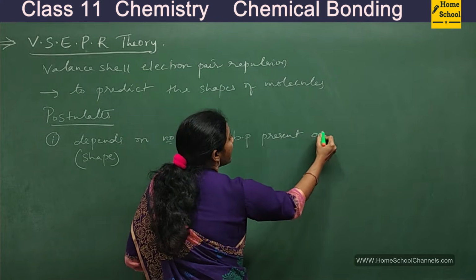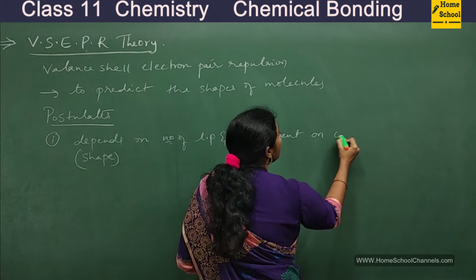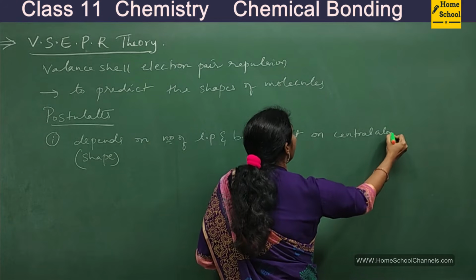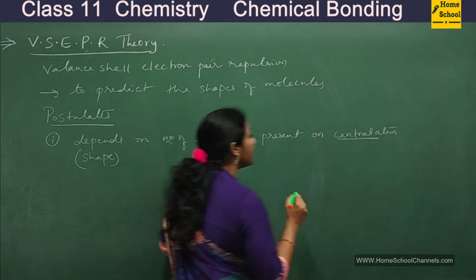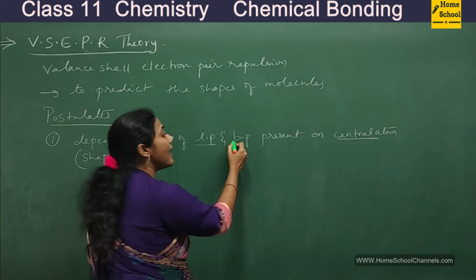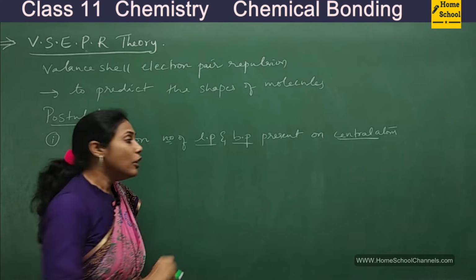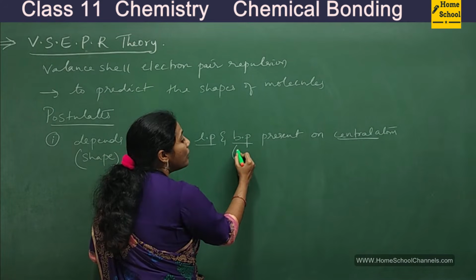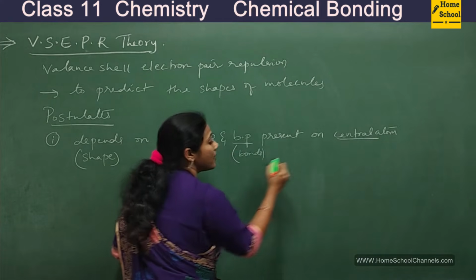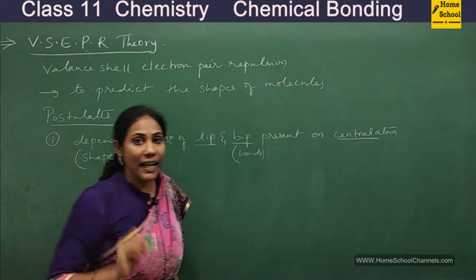See, in every molecule you have something called a central atom, right? On a central atom you will have some lone pairs of electrons and some bond pairs of electrons. What do you mean by bond pair? Bond pair is nothing but the number of bonds present around the central atom.